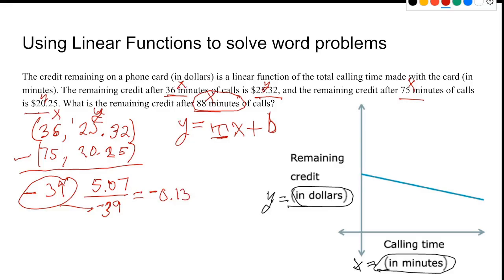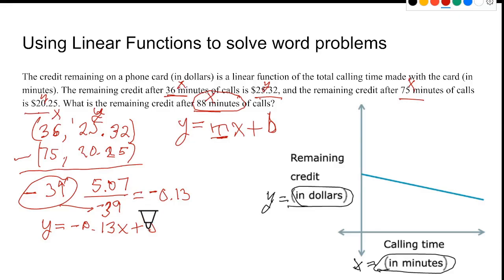Okay, so what we've got so far is that y equals negative 0.13x plus b.